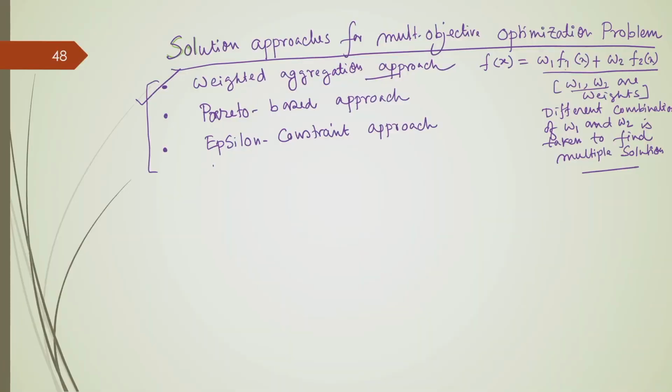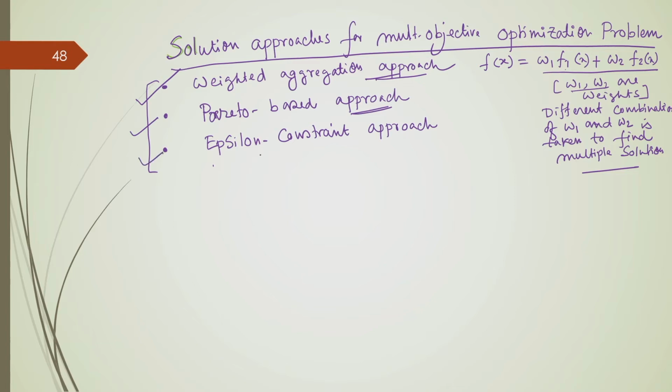Now, this is the weighted aggregation approach, but there are some merits and demerits which you need to learn by going through the literature of multi objective optimization theory. Now, there is another approach that is called Pareto based approach, which I have used for solving this multi objective distribution system planning problem. I will come to that.